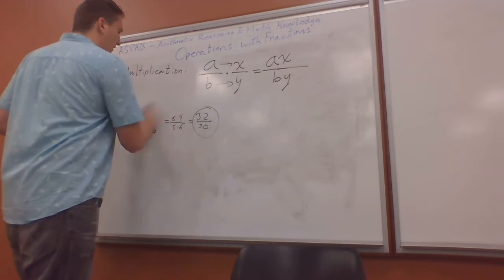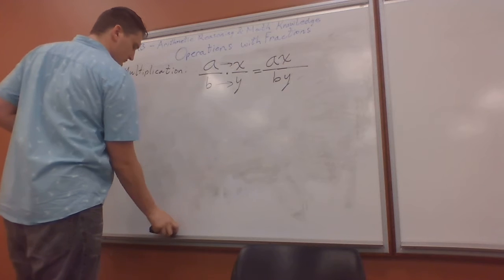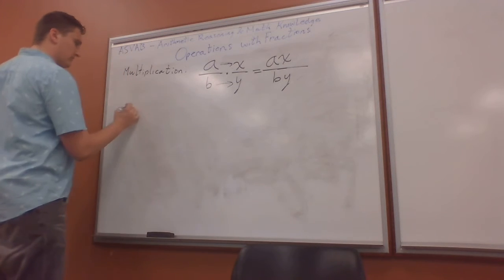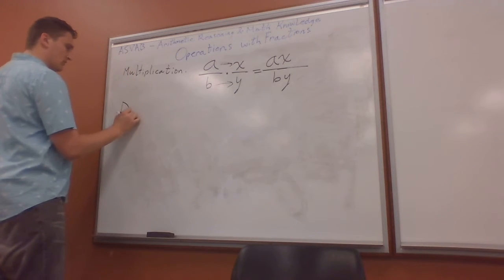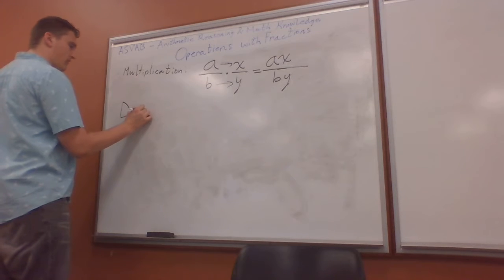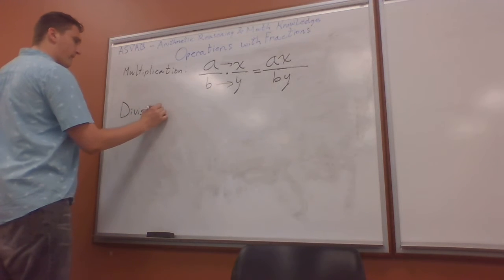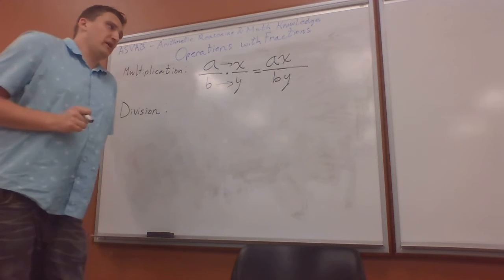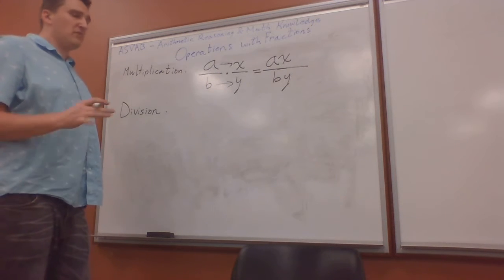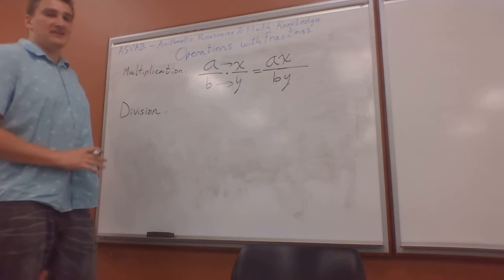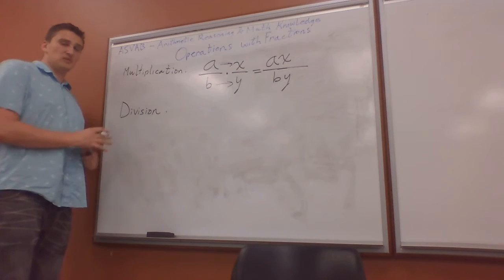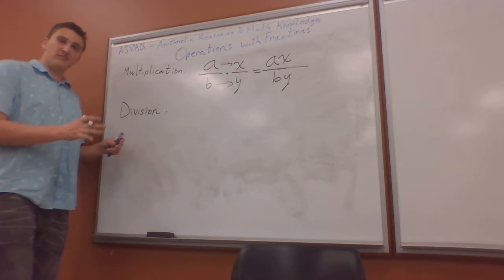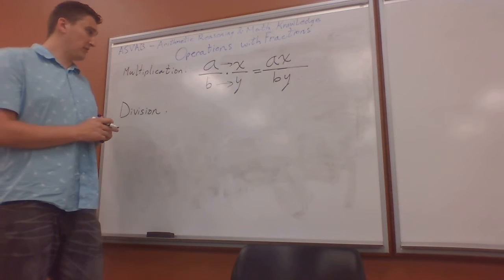All right, so what about division? Division can be kind of tricky. When we're simplifying fractions, we're going to use a slightly different method than in this one, but bear with me for the purpose of this video.